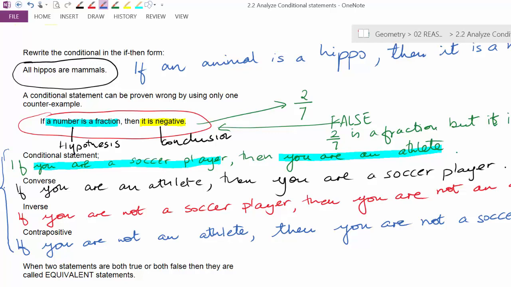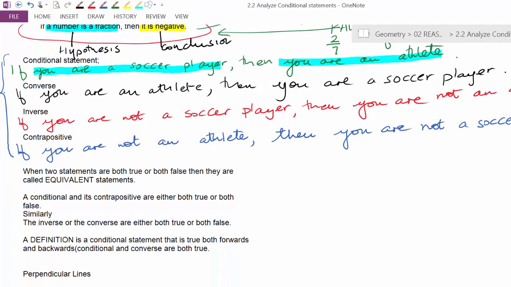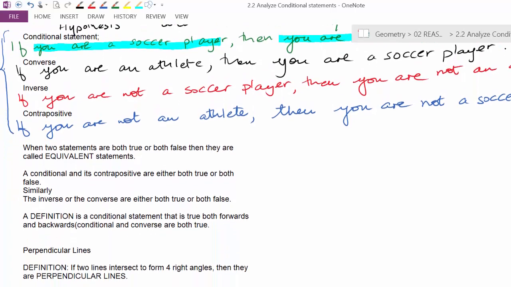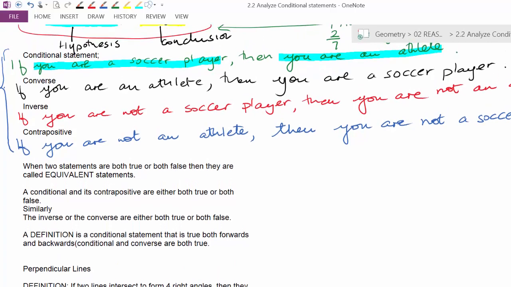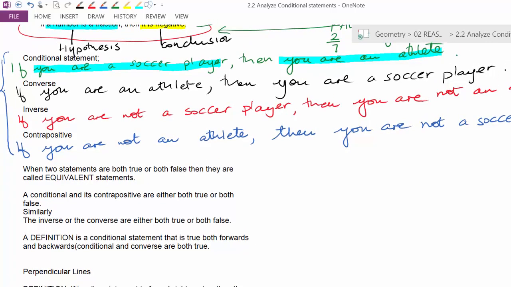When 2 statements are both true or both false, we call them equivalent statements. Let me repeat.